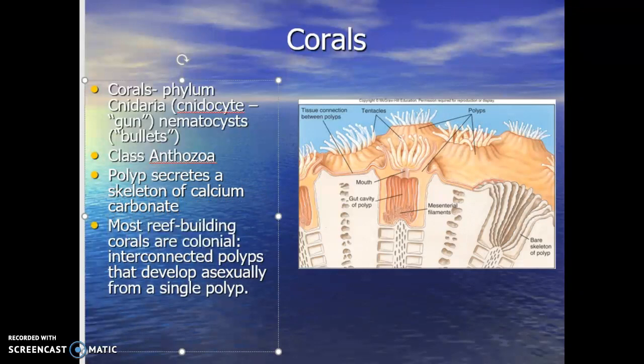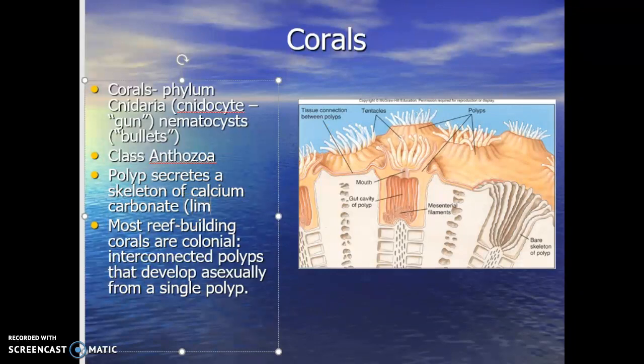All right, that's a key feature for a lot of corals, not all. There are what we call soft corals that do not build calcium carbonate skeletons. But most of the corals we're going to look at when we talk about reef structure secrete this calcium carbonate skeleton. That's what turns into that hard, stony-like structure.